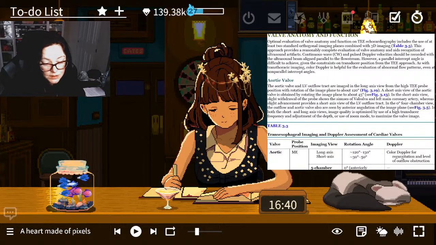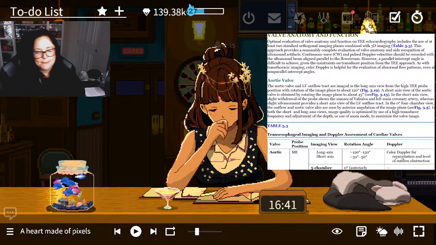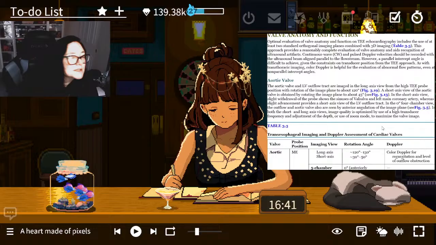All right, so our choices are stitch artifact, acoustic shadowing, microbubbles, or vegetation.